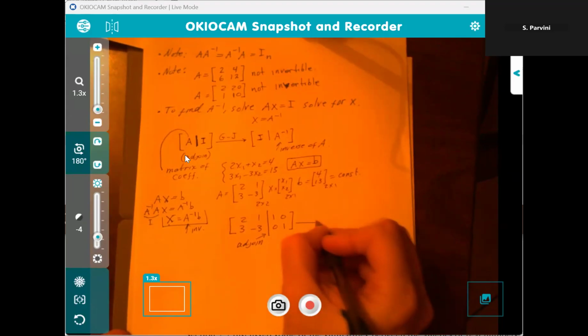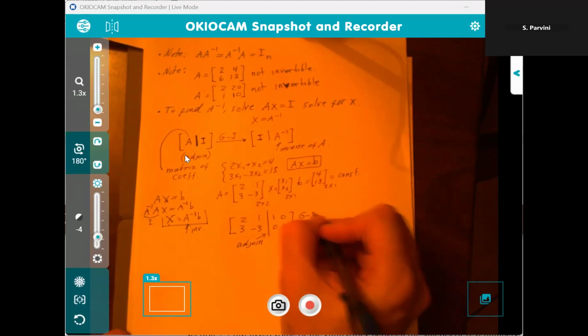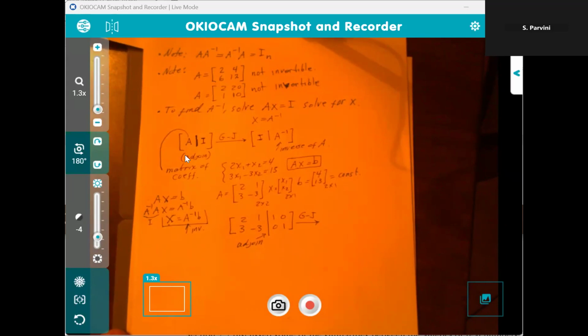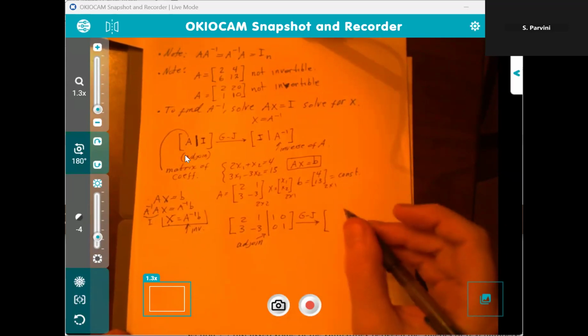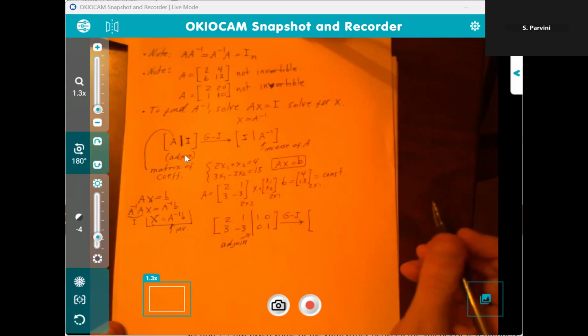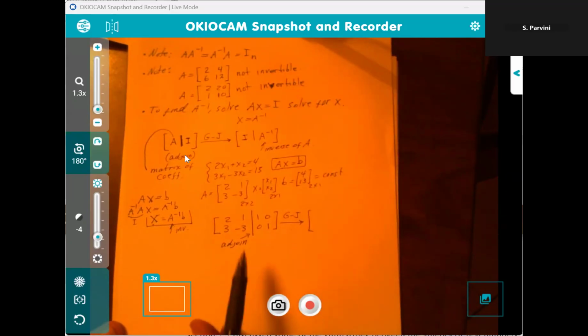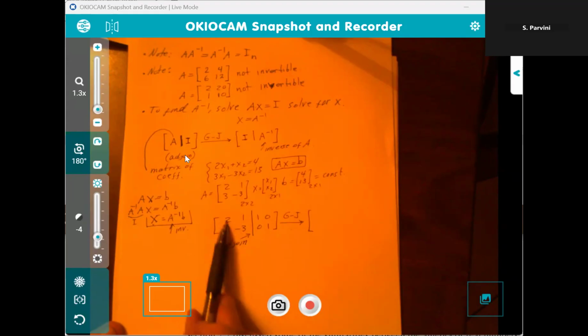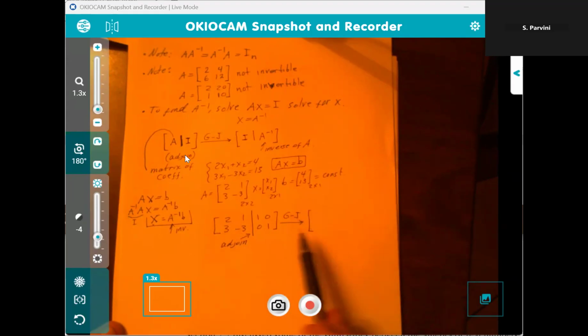And then we can go through Gauss-Jordan, and we go to SymbolLab for that. On this side, because I don't know what the inverse is, in a moment we'll find the inverse of this by hand, and then I can fill in what's on this side.